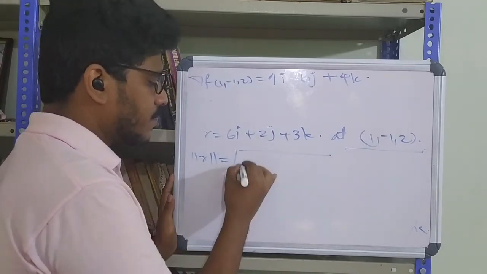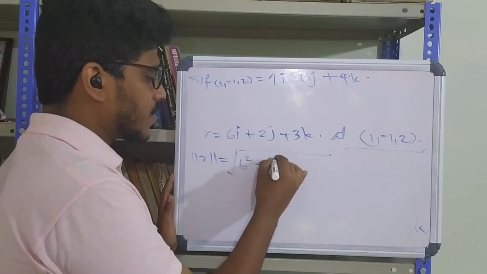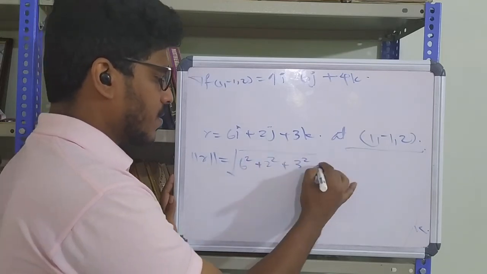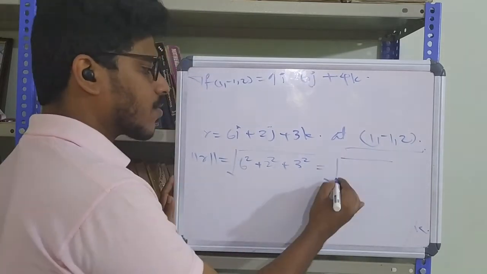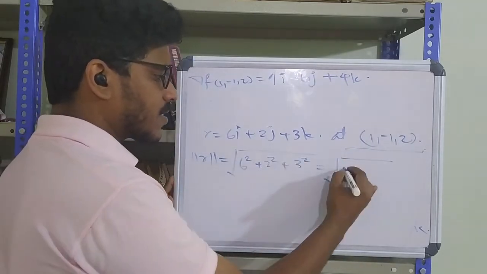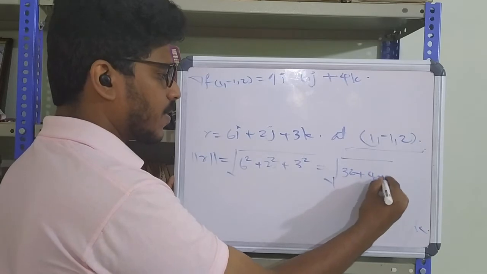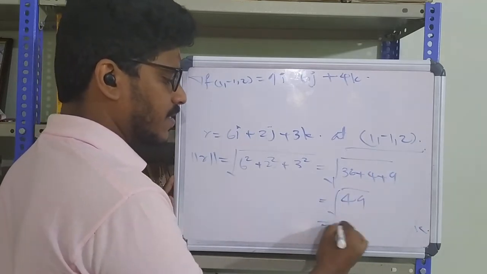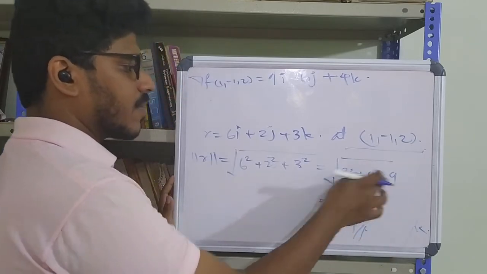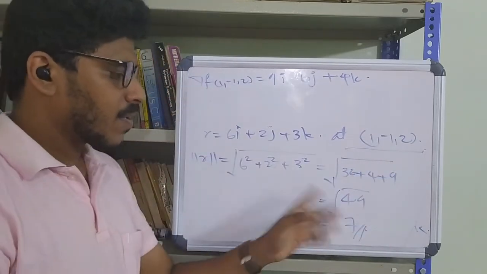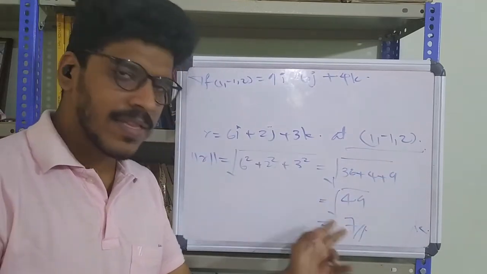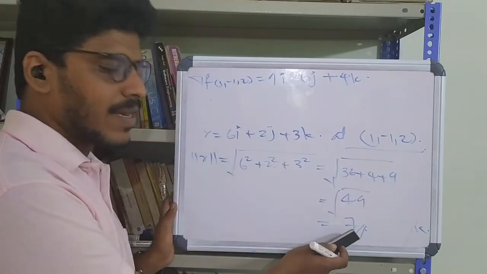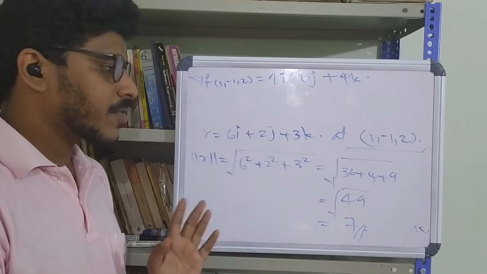Square root of 6 squared plus 2 squared plus 3 squared is equal to the square root of, we'll consider only the positive roots here, 36 plus 4 plus 9, which is root 49, which is 7. So the absolute value is 7, not 1. So this is not a unit vector.